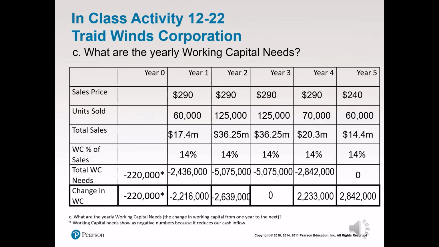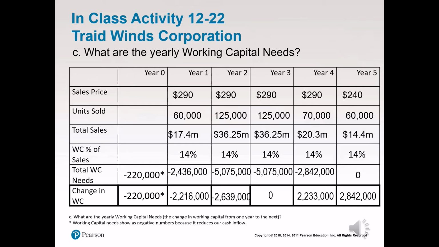We do need $5,075,000 in working capital, but you can see from the year before we had 2,436,000 already accumulated. So our change in working capital is what is important here. What number will it take to get us from 2,436,000 to 5,075,000? The change in working capital is 2,639,000.